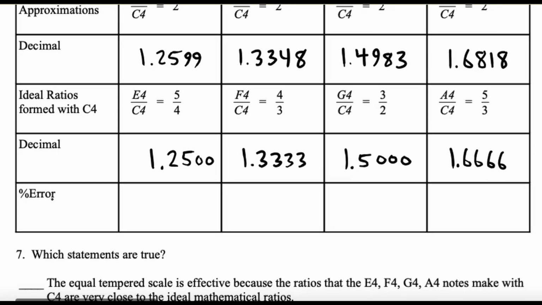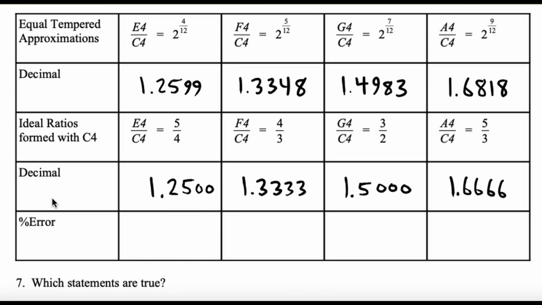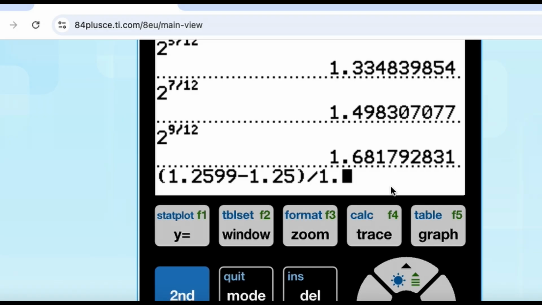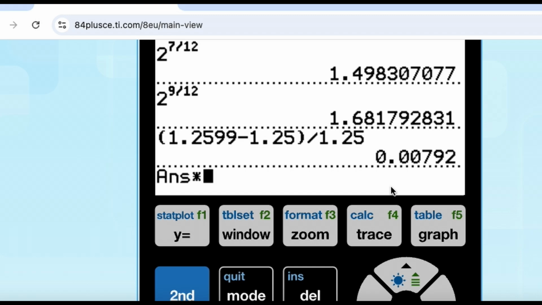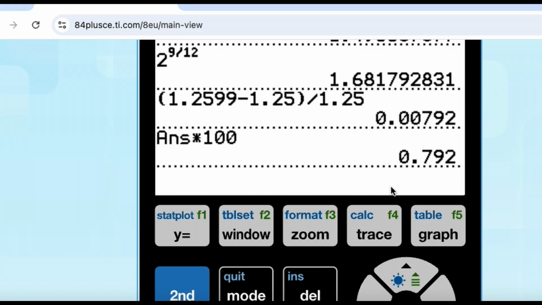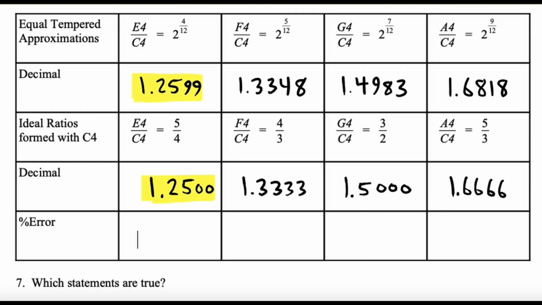Okay, so we just have to do the same thing that we did in the previous question, find the percent error between these. So we're going to do 1.2599 with 1.25. This is 0.79% error, which is fairly small. People don't mind so much the difference.